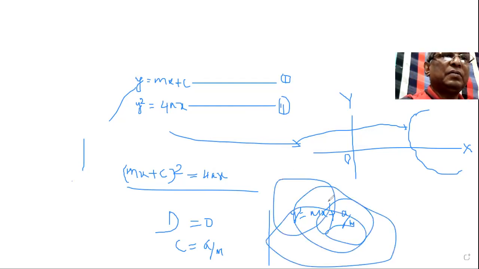So this is the result: y is equal to mx plus a upon m. If you are getting this result, then this is the condition that shows when a line in slope form will be touching a parabola.